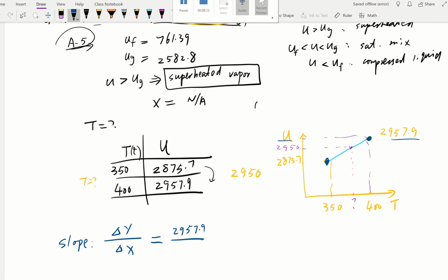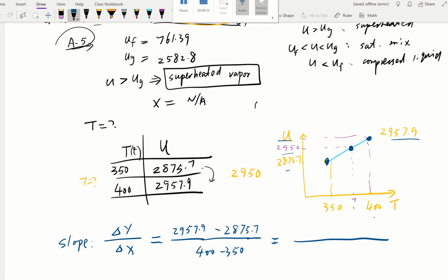Our delta y, which is delta U, is 2957.9 minus 2875.7. And our delta x is going to be 400 minus 350. That's our slope. That's going to be equal to what you're solving, this one right here.